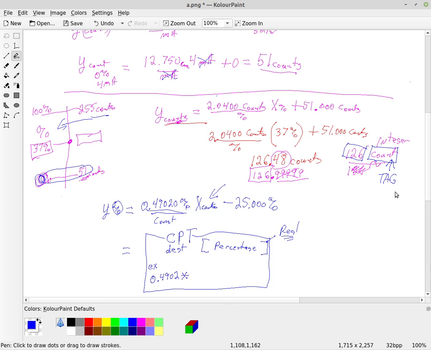But we would multiply that times our count. So remember, count is actually now our tag, or whatever name that we gave it, and so that is our tag. And then we're going to add, it's actually subtract the 25.